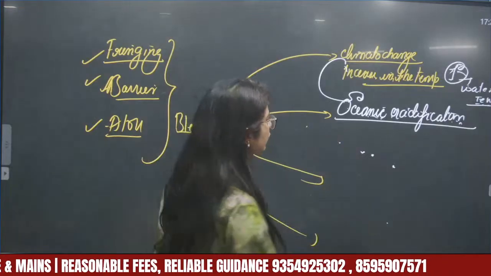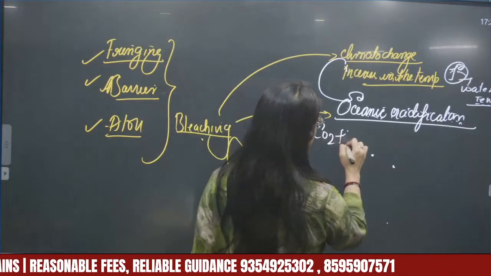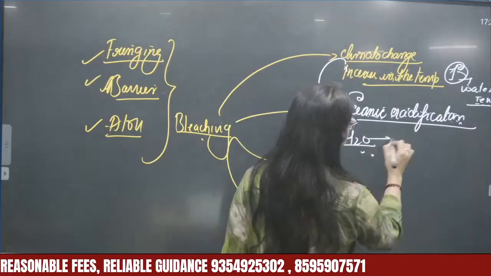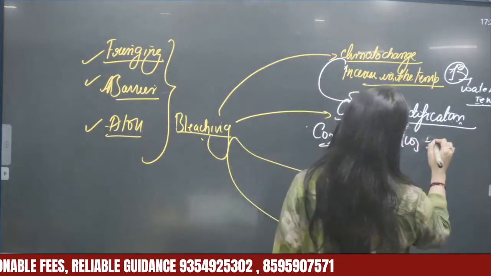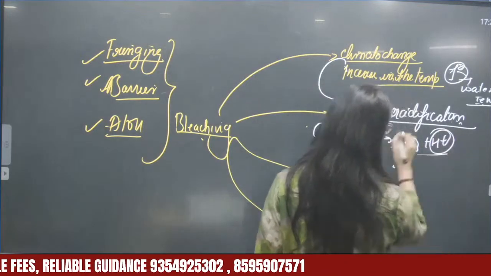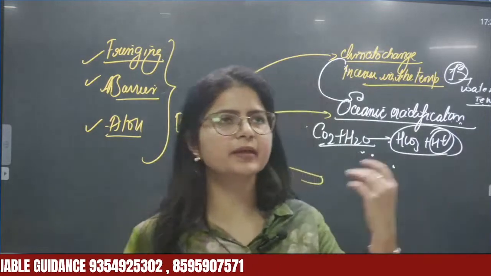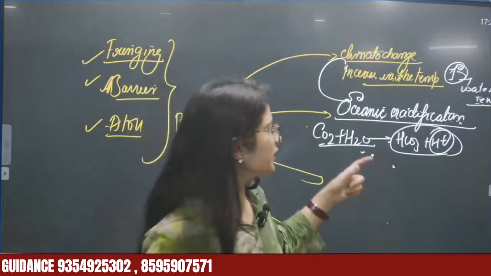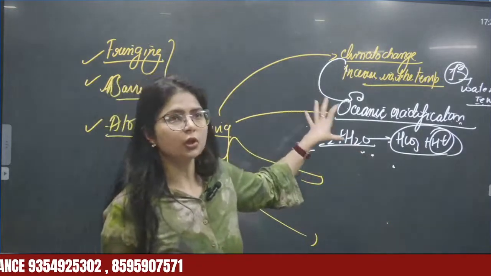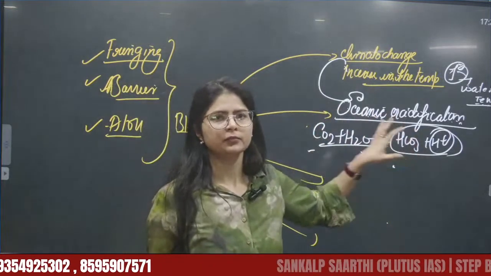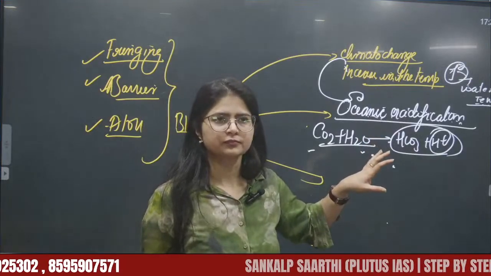When they will have more of CO2, this will react with the water and it would further release carbonic acid and H plus ions. अब H प्लस आयंस किसी भी जगह बढ़ जाएगा तो उसका एसिडिक वैल्यू वहां पे बढ़ जाएगा. तो एसिडिफिकेशन अगर ज्यादा हो गया, which is not good for the oceans, right?